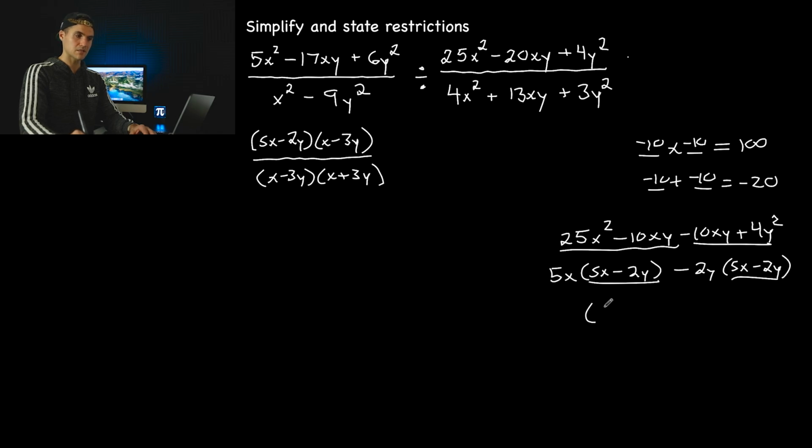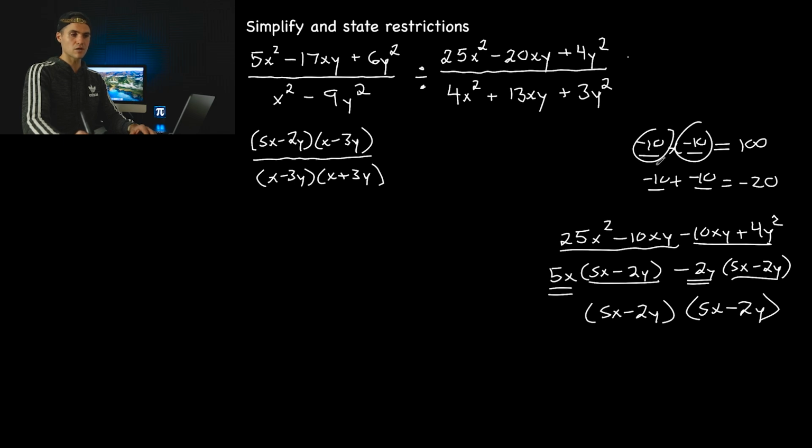And as expected, these two brackets are the same, and we're left with the 5x minus 2y. So the factors are the same. Like I mentioned, it's a perfect square trinomial. Whenever you're doing decomposition and these two numbers that you get are the same, it's going to end up being a perfect square trinomial. So we're dividing by 5x minus 2y, 5x minus 2y, like that.